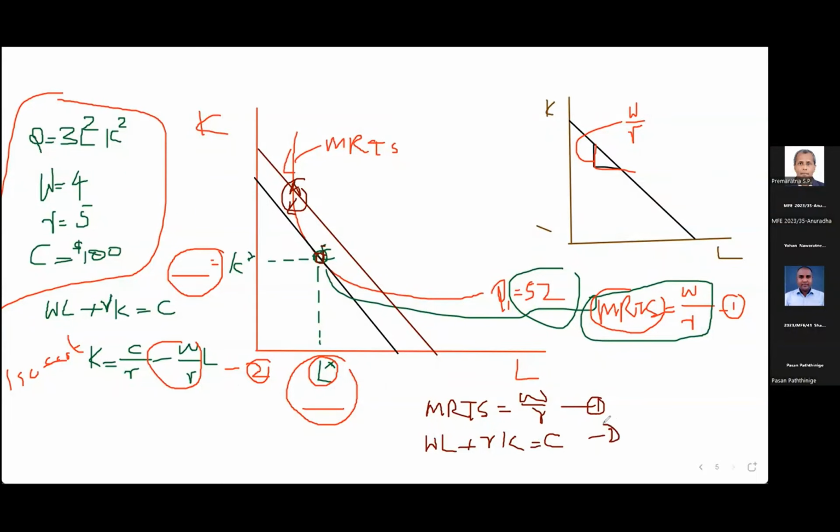With these two together, you can find those values. So starting this condition, next time I will show you how to use the Lagrangian approach and some other things, and most probably next week or in another 2 weeks, I'll finish the theory of production.